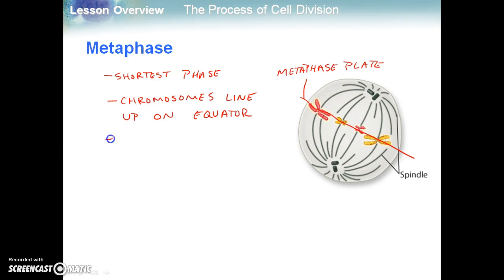We also have the spindle fibers starting to attach to our chromosomes. They will attach at the centromere, but at the centromere there's like a little belt here that is called the kinetochore.